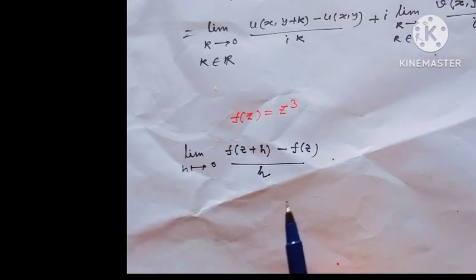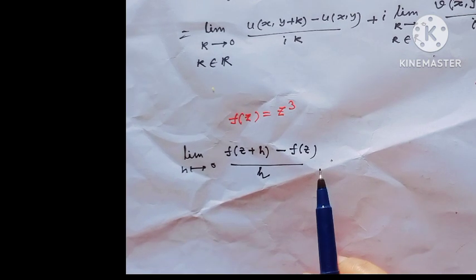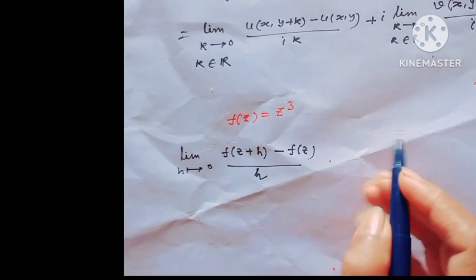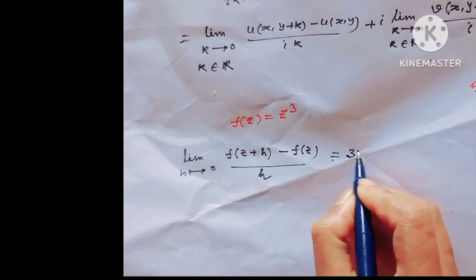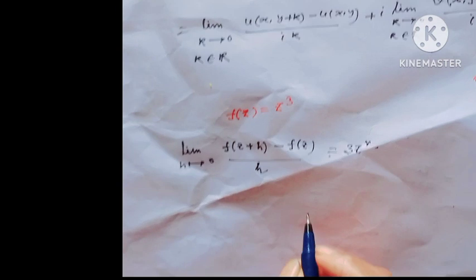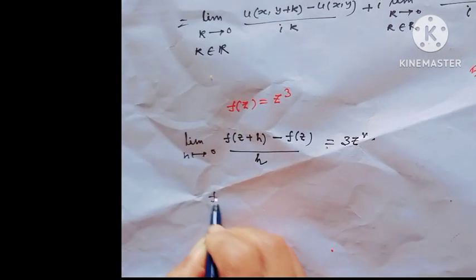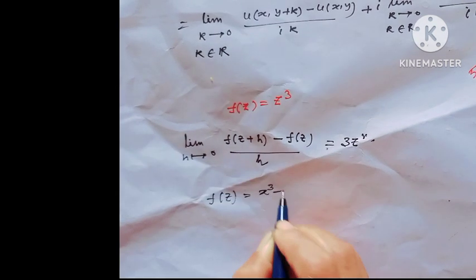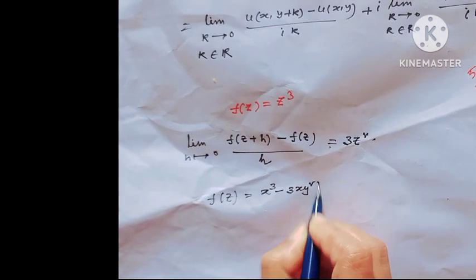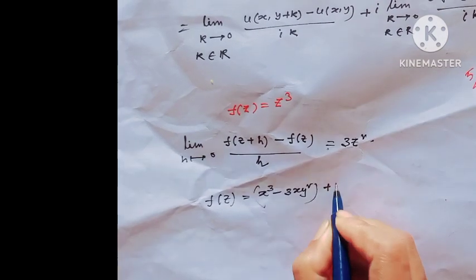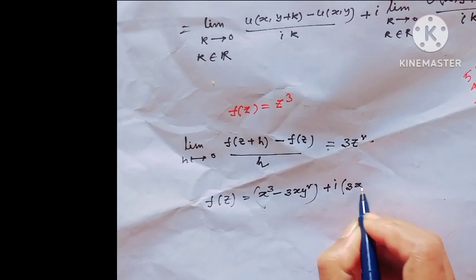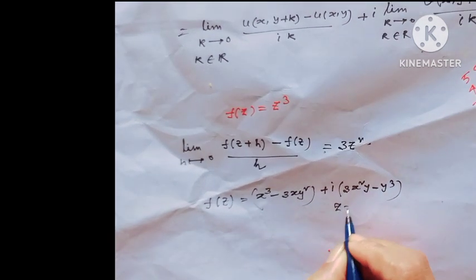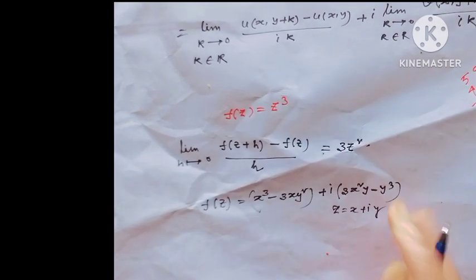For example, f(z) equal to z cube. Then limit h tends to 0 of f of z plus h minus f of z over h, this value would be 3z square. And f of z means obviously x cube minus 3xy square plus i times (3x square y minus y cube), where z equal to x plus iy.